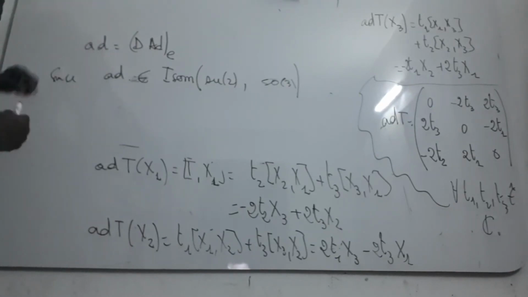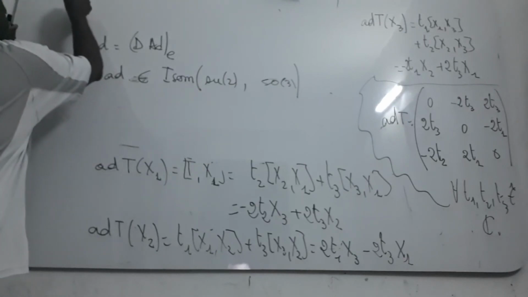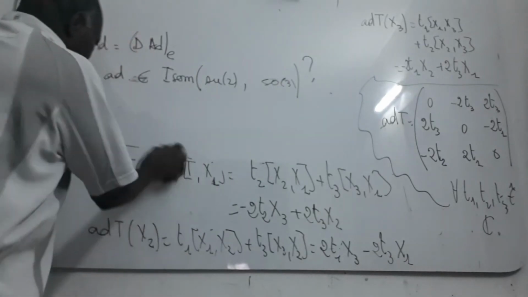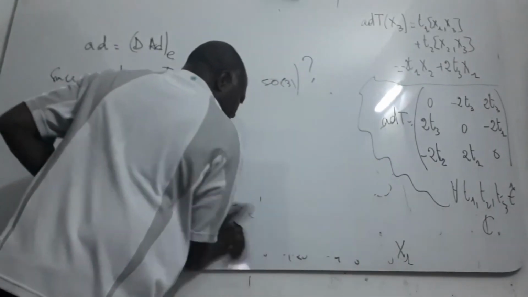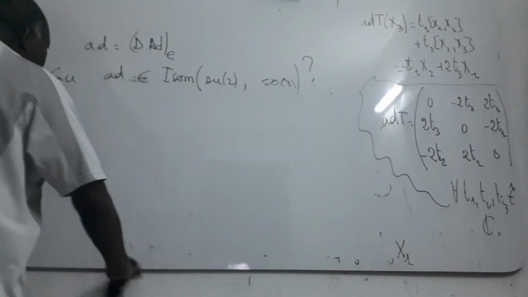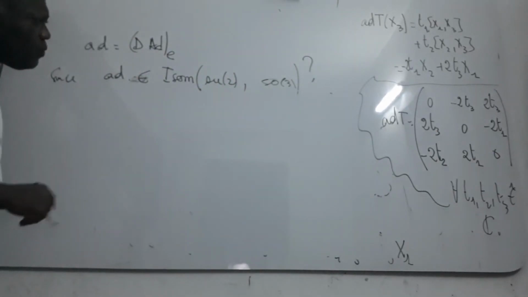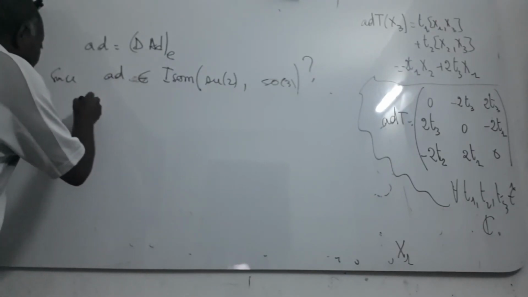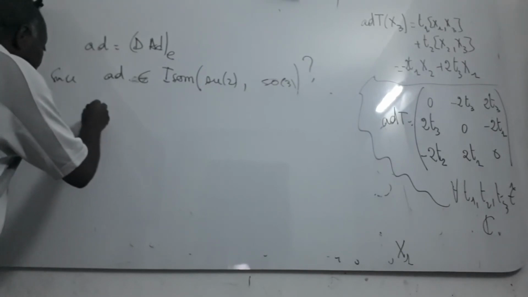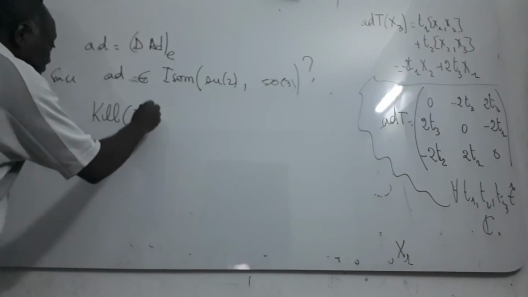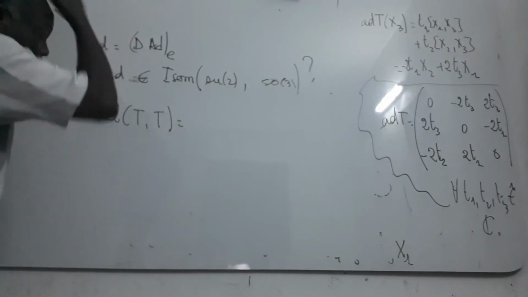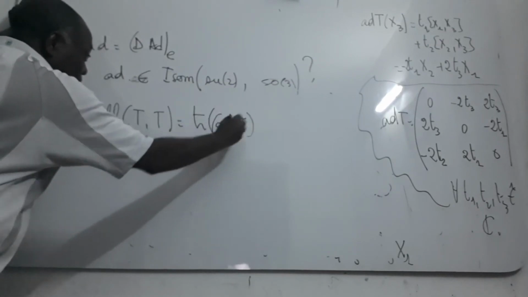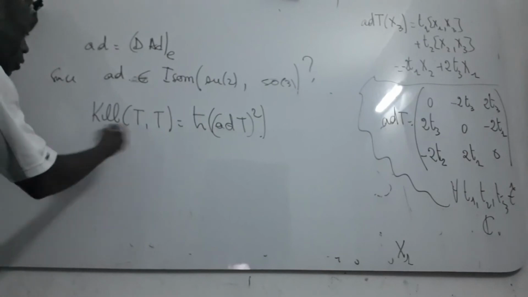But first of all, let us compute the Killing form of T, T. If you compute this Killing form, it's just the trace of the adjoint of T squared.